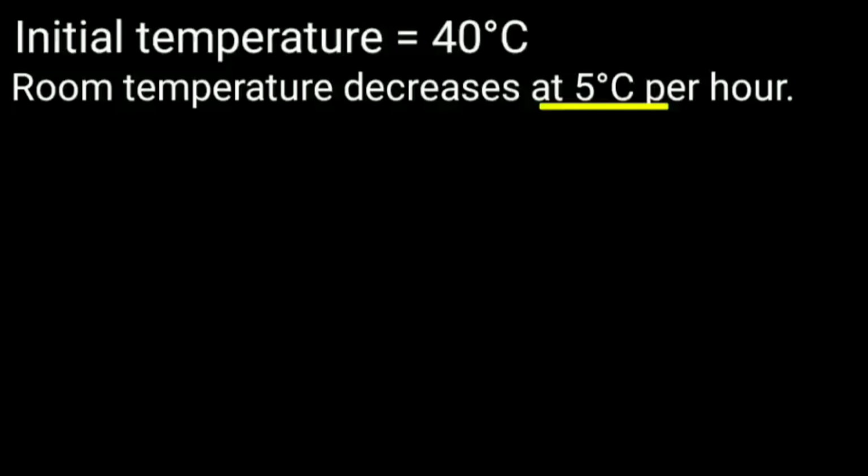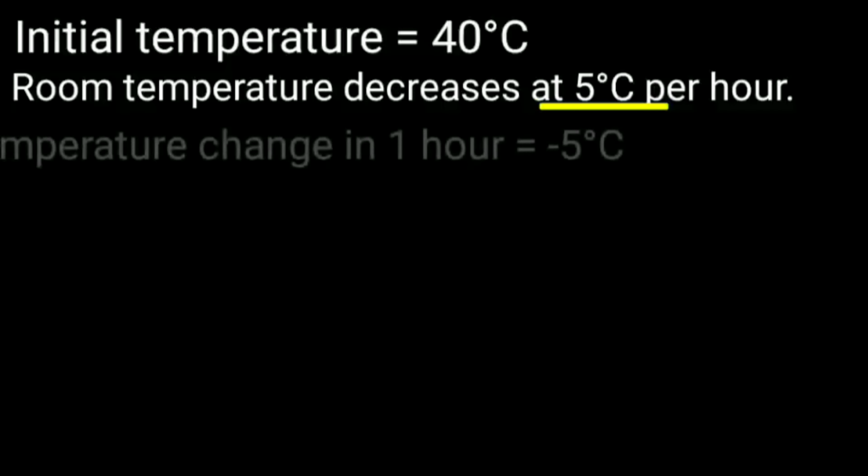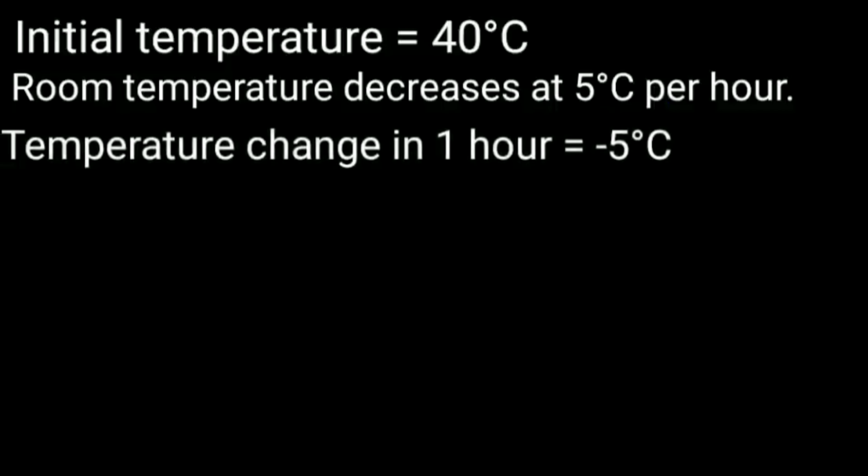It is 5 degrees Celsius. Therefore, temperature change in 1 hour is equal to minus 5 degrees Celsius, because the temperature decreases by 5 degrees Celsius per hour. So we are considering this as minus 5 degrees Celsius.